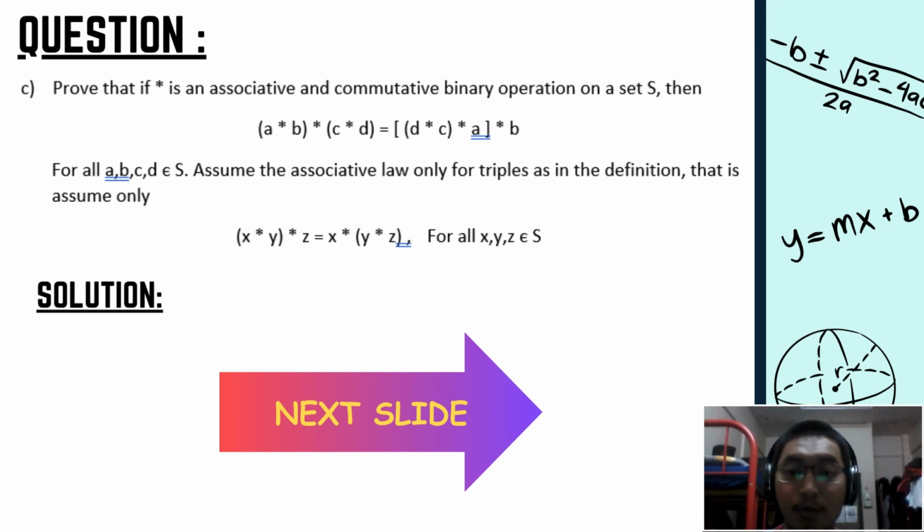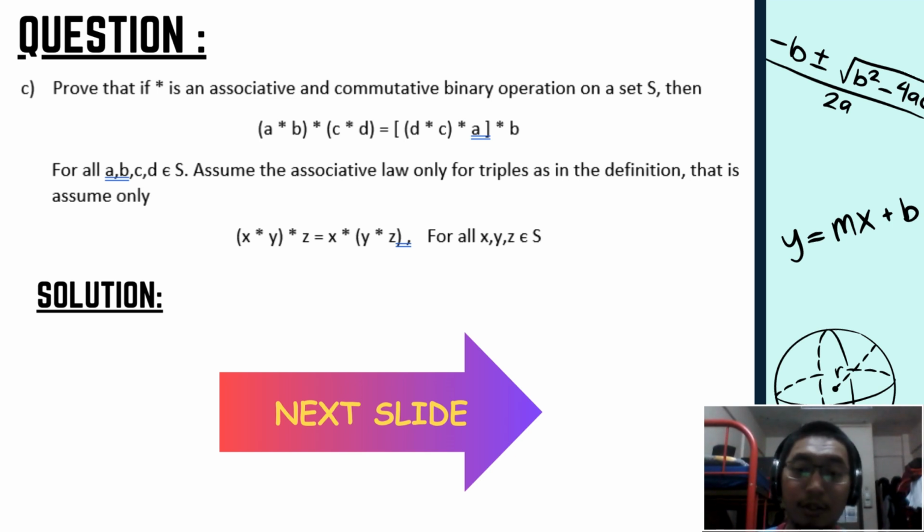That is, assume only (x star y) star z equals x star (y star z) for all x, y, z element of S.